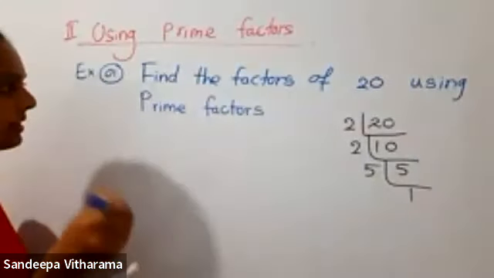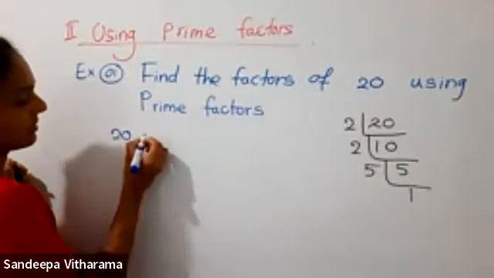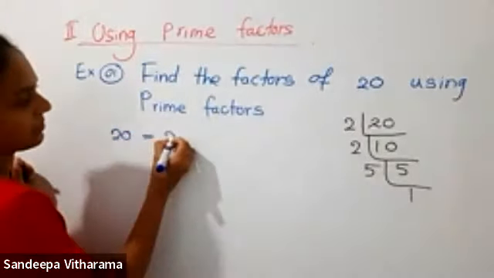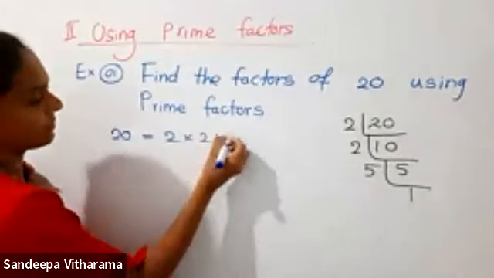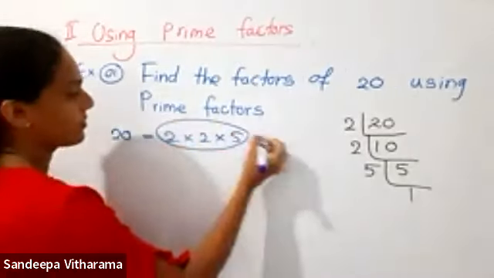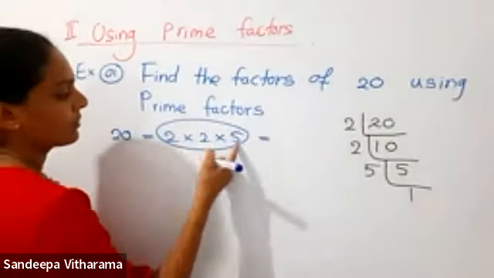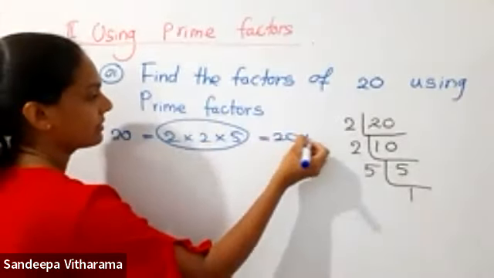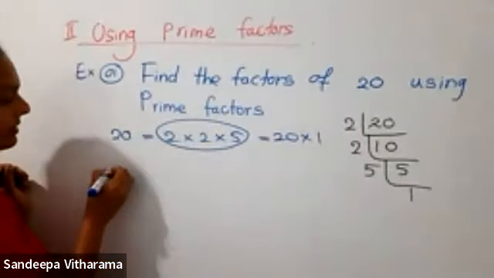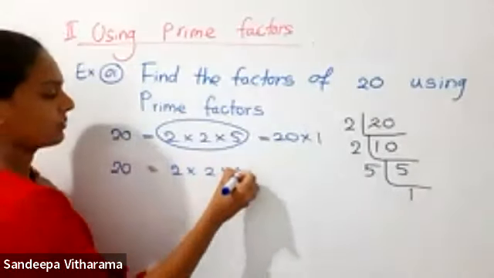Then write 20 as 2 into 2 into 5. Then what we do is we consider this whole one: 2 into 2, 4, 4 into 5, 20 into 1. 20 is equal to 2 into 2 into 5.